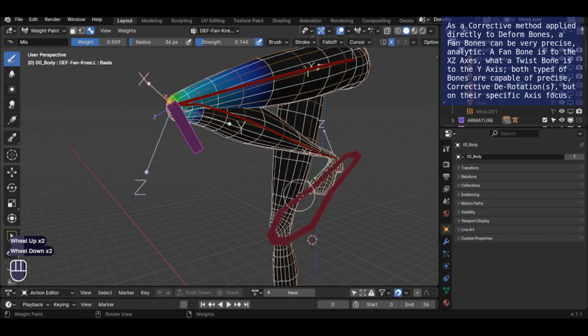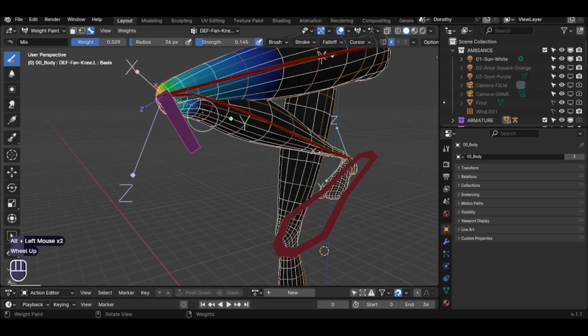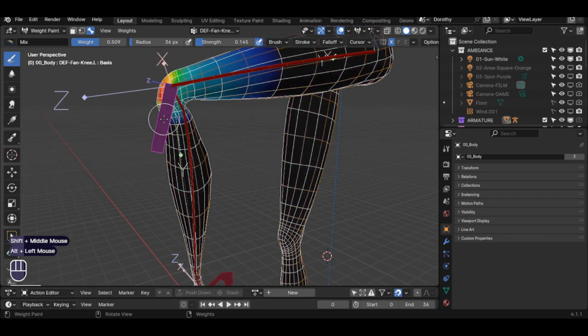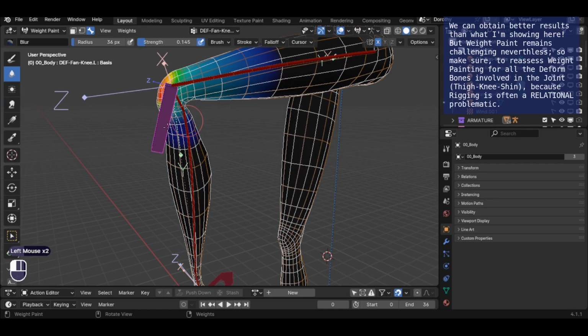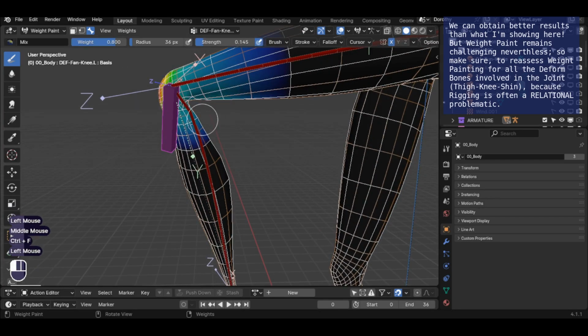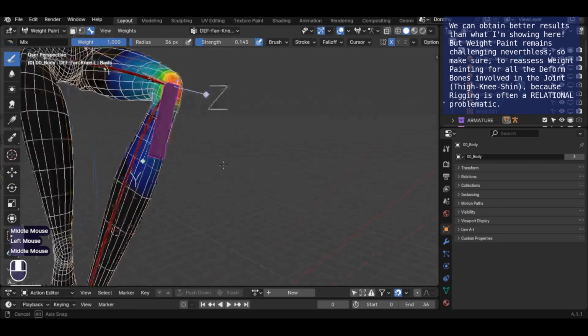Even though the mesh there will still rotate, we can derotate some mesh in the regions which are most affected. So for example, here I can probably improve this region.